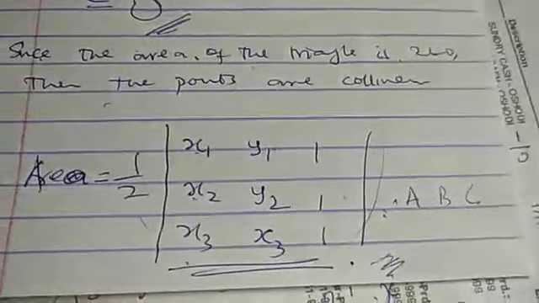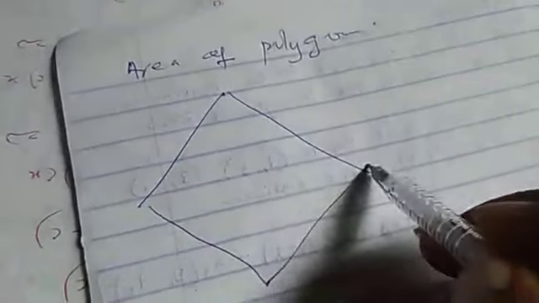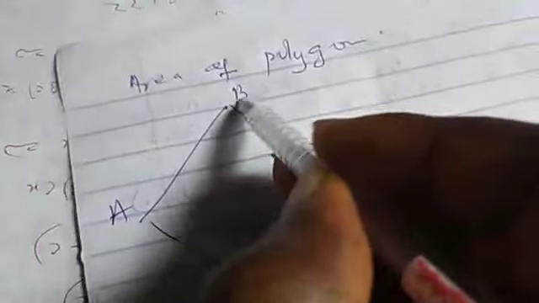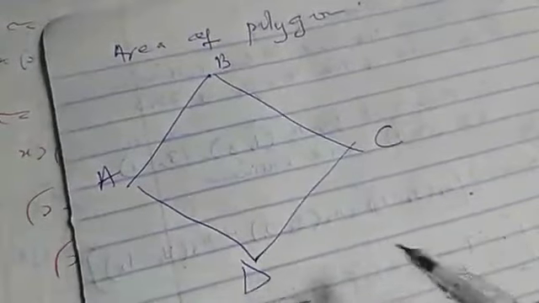Now, you can be given a question to find the area of any polygon. You need to draw. For example, if I consider a rectangle, you can use area of triangle to do this.